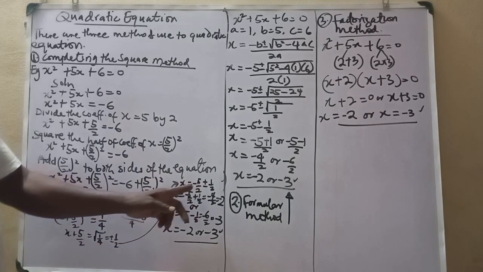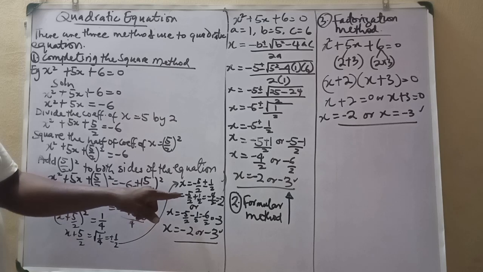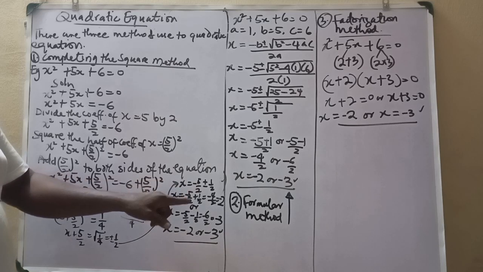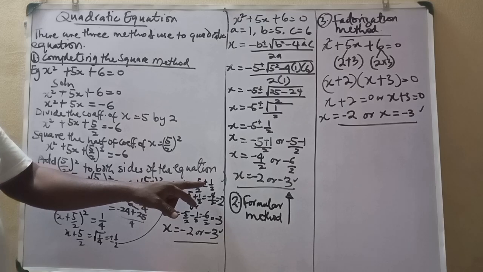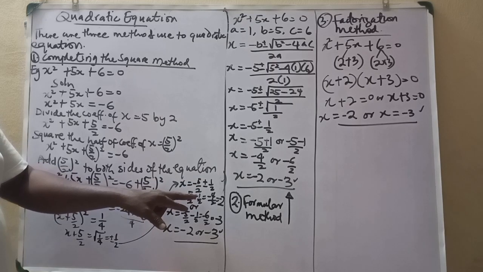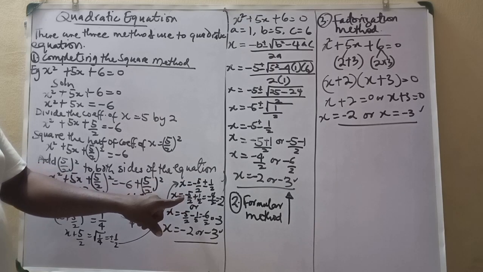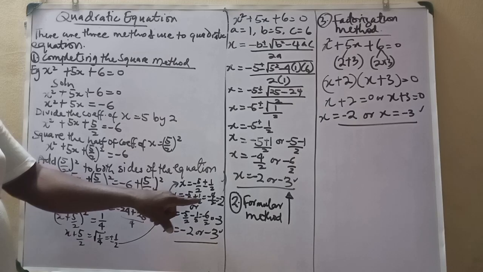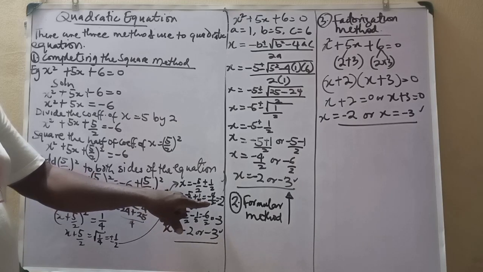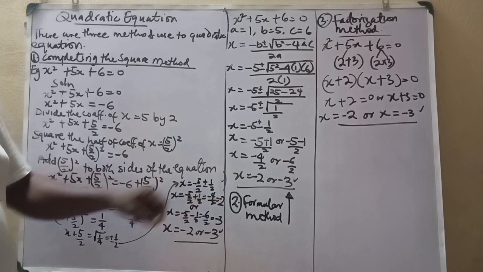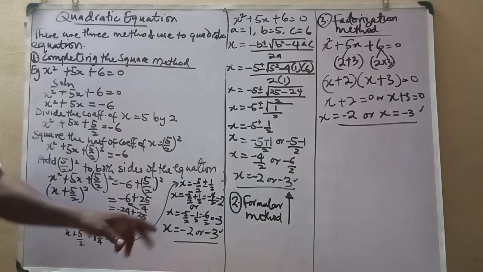By the time you look at it now, x is equal to minus 5 over 2, plus, we pick the plus 1 over 2, as there are two sides here. We pick the plus side, plus 1 over 2. So minus 5 plus 1 gives you minus 4 over 2, that is the denominator. By the time you divide, you'll have minus 2. Good.